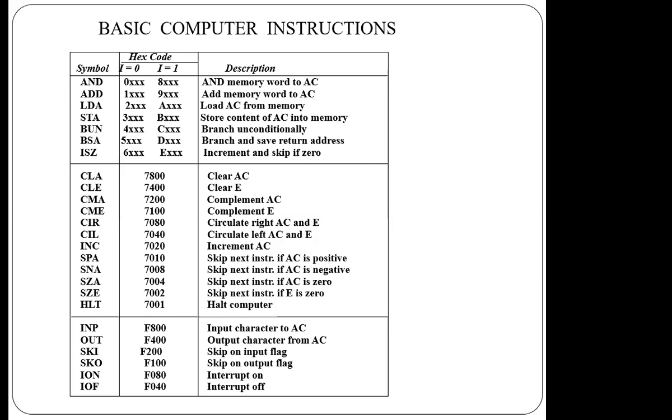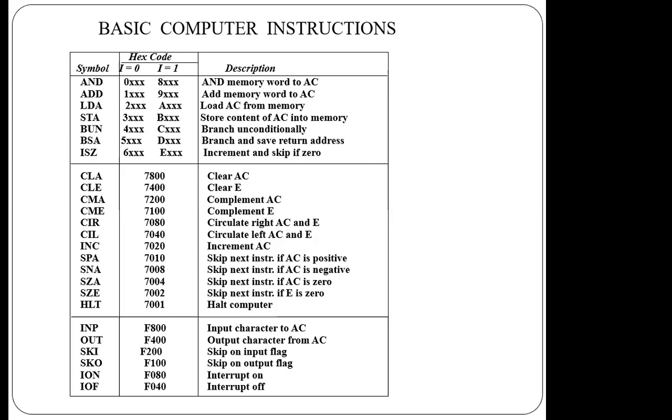So these are your memory reference instructions: AND, ADD, LDA, STA, BUN, BSA, ISZ. We will discuss these instructions in detail in the next lecture, right? What AND is doing, LDA is doing, STA is doing.